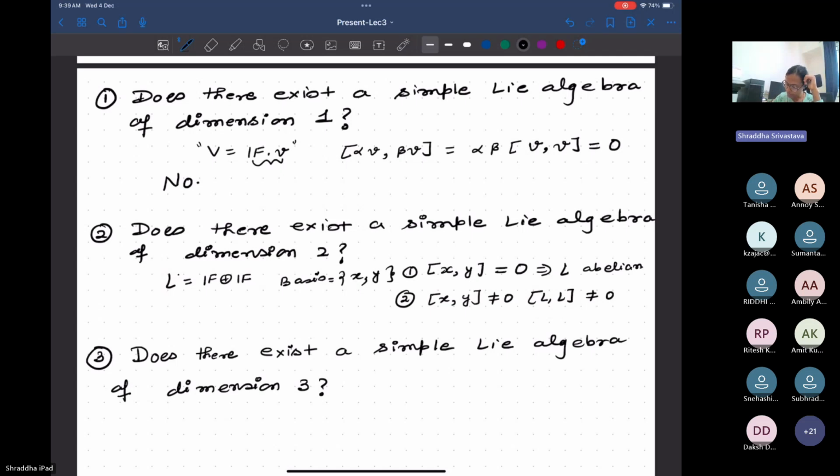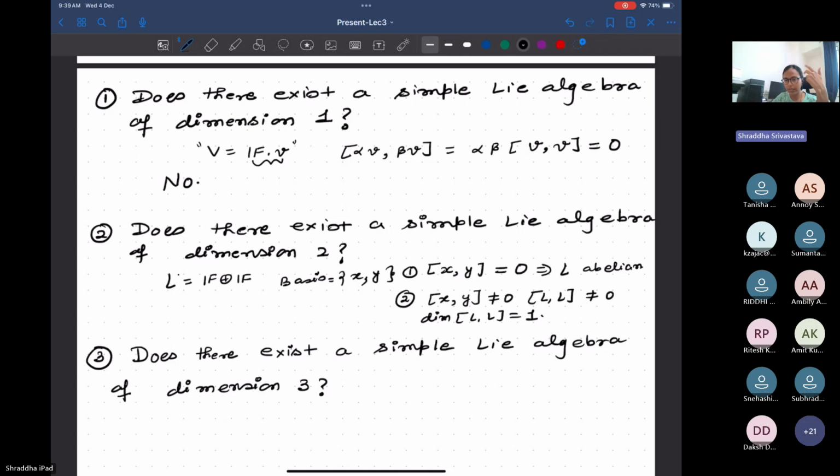So if it's non-zero, then the derived algebra is going to be of dimension 1. So I have not constructed a two-dimensional simple Lie algebra for you.